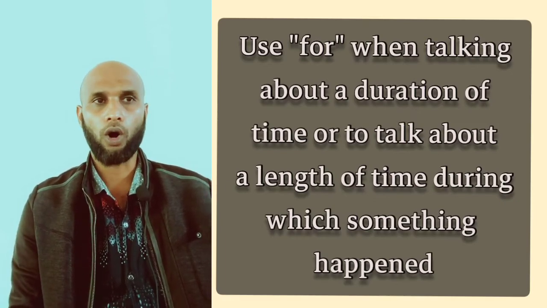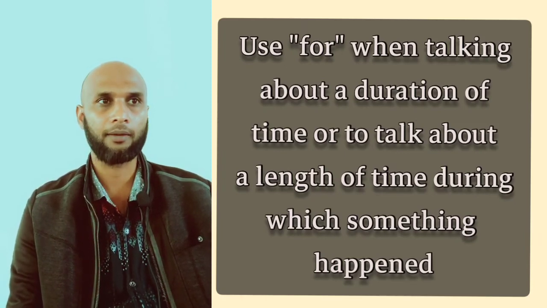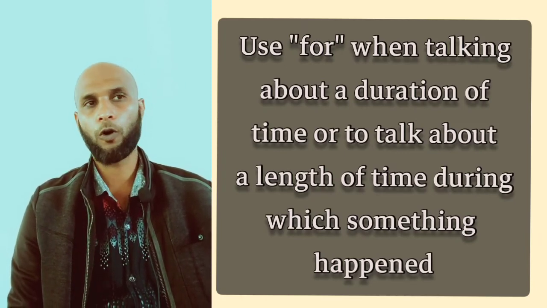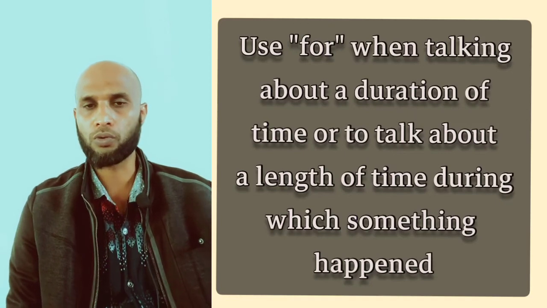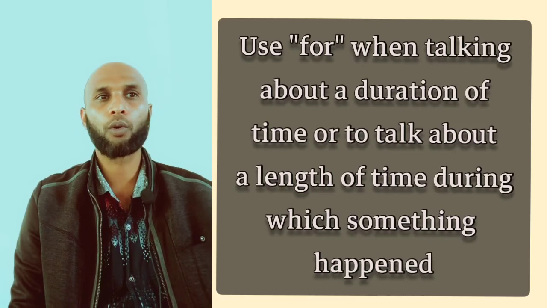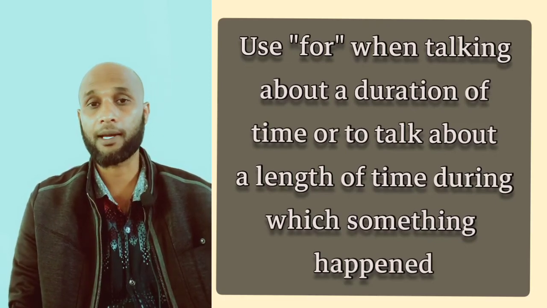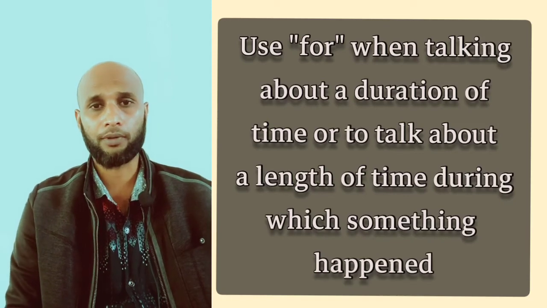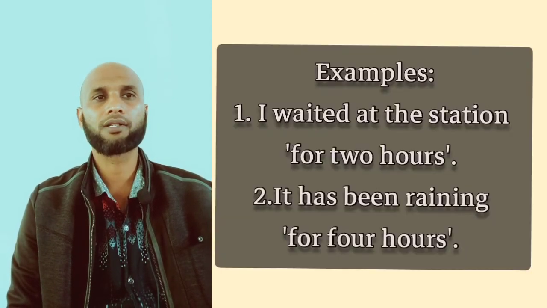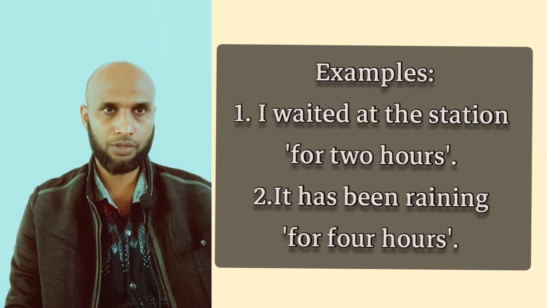Use for when talking about a duration of time. For is also used to talk about a length of time during which something happened, like the total duration of time. For example, I waited at the station for 2 hours.